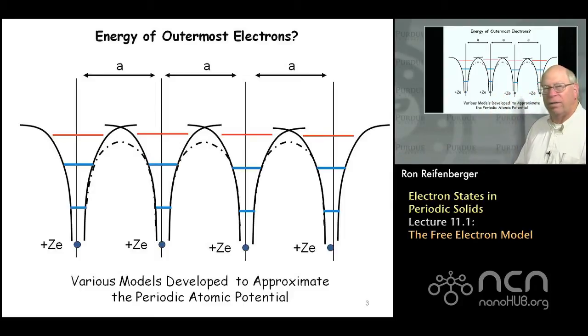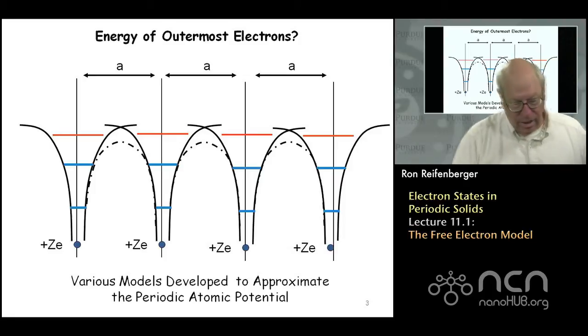The free electron model basically describes what happens to the weakest bound states contained in the atomic levels of an atom before those atoms are assembled to make a solid. So it is describing what happens to those topmost electron states.